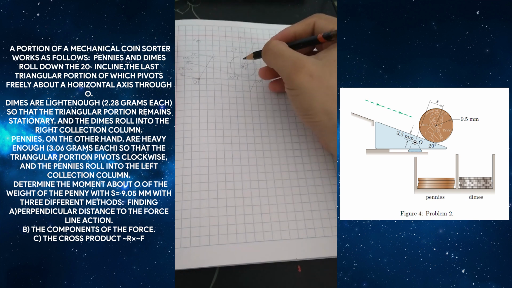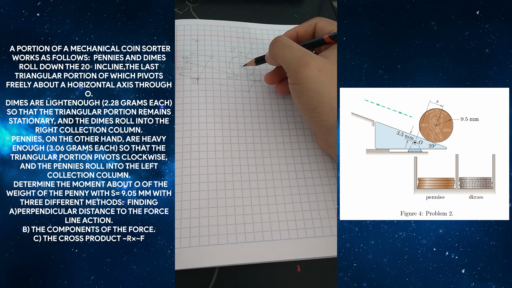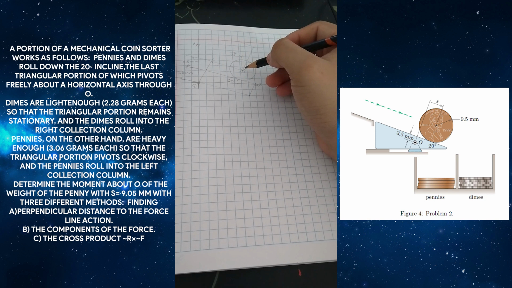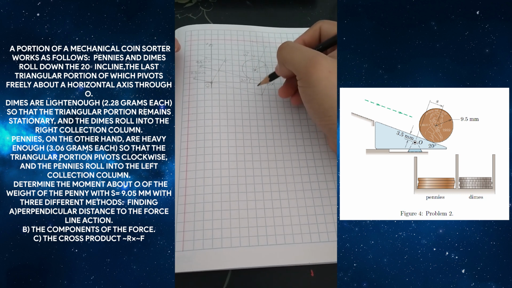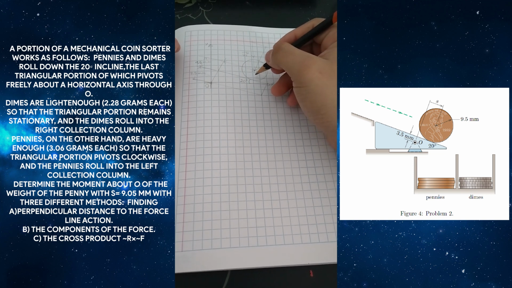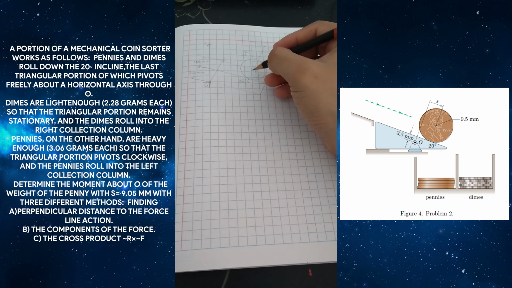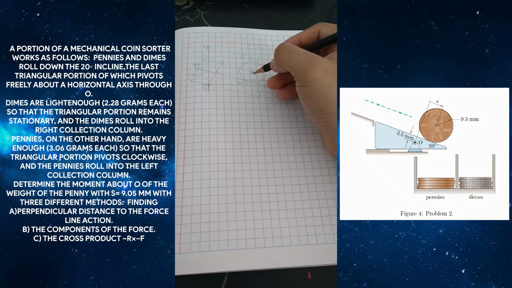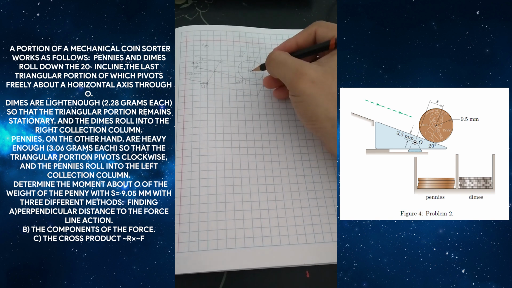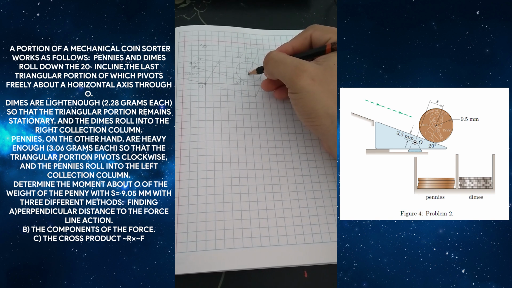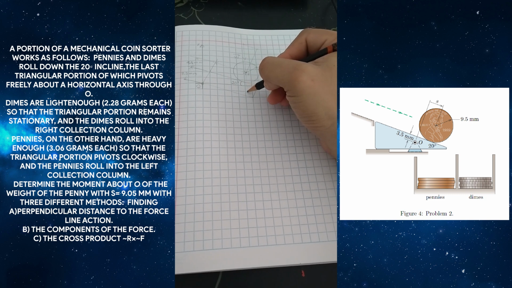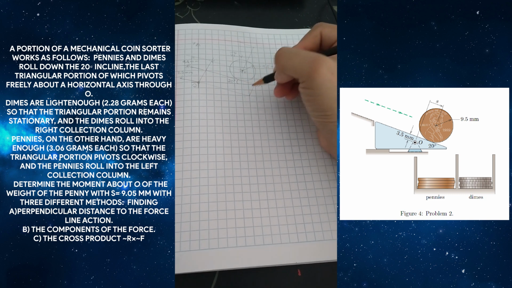So, since we have an object with mass, the vector of the weight is in the negative y direction. So its line of action is this line.